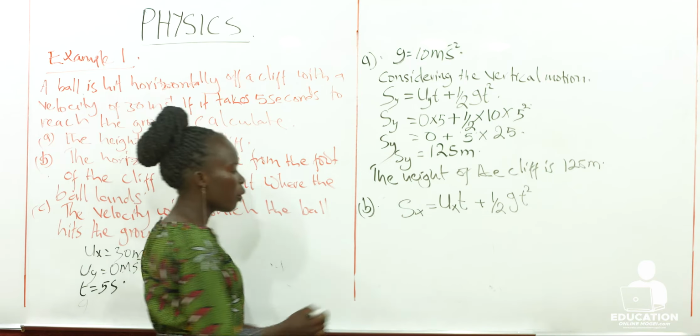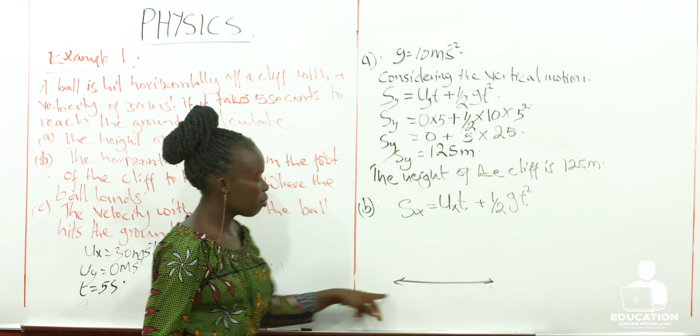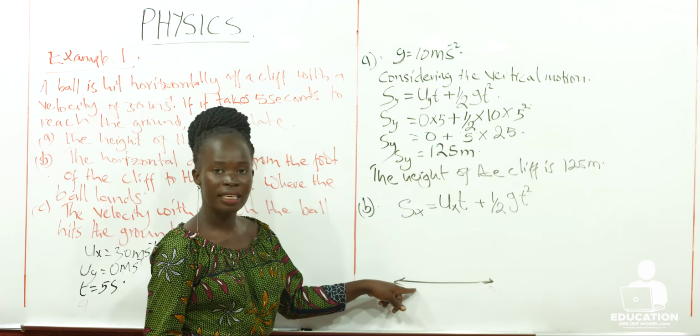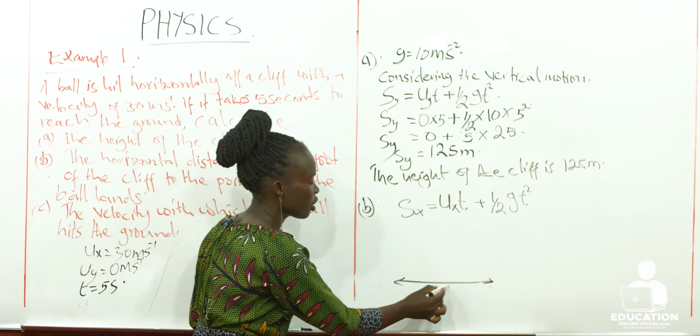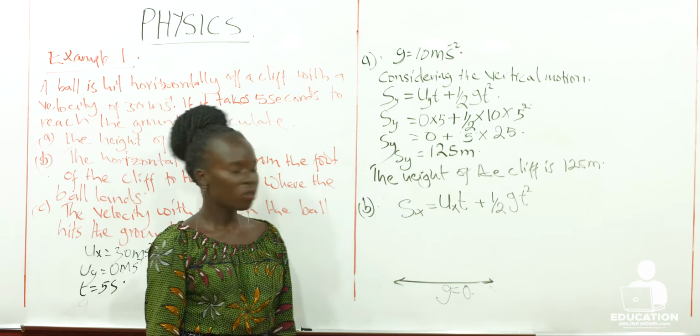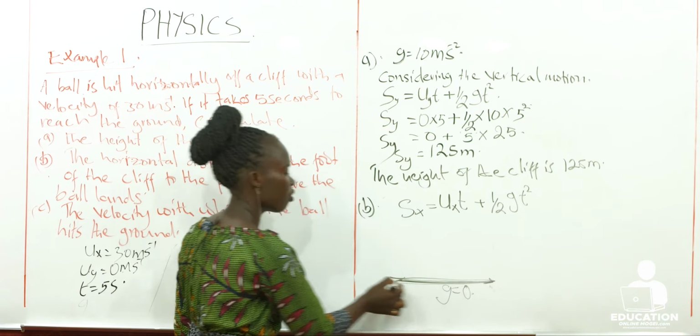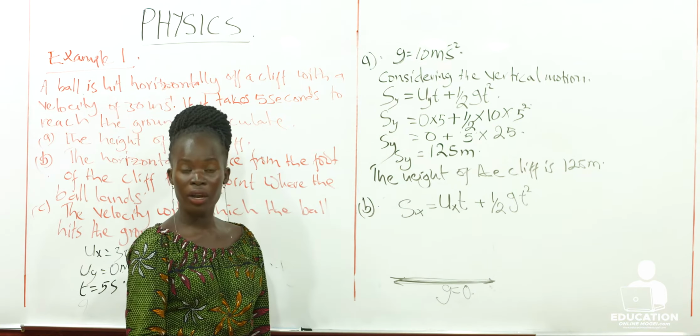But remember, when it is horizontal like this, the acceleration due to gravity here is equals to what? Is equals to 0. So at this point here, there is no force of gravity acting on our ball.